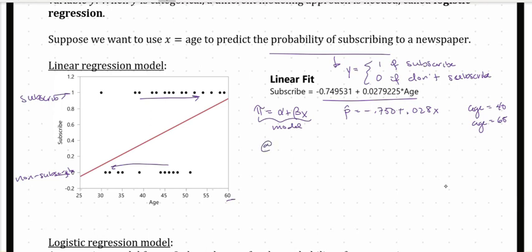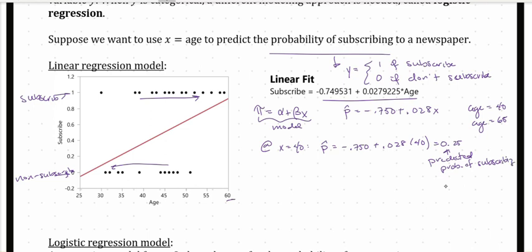At x equals 40, we just plug 40 into our prediction equation the same way we would always do. So p hat equals negative 0.750 plus 0.028 times 40, and we get a value of 0.25. So this is our predicted probability of subscribing.